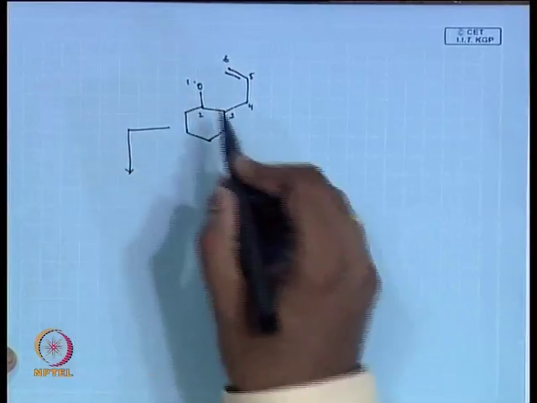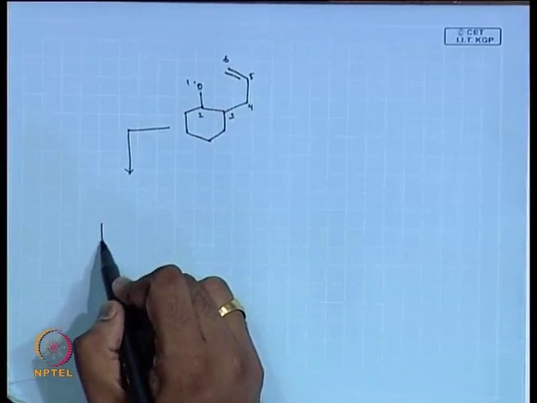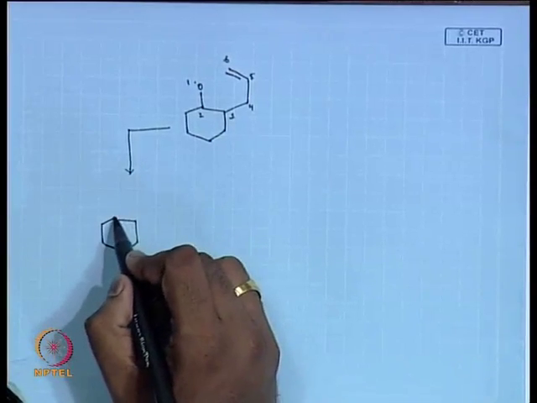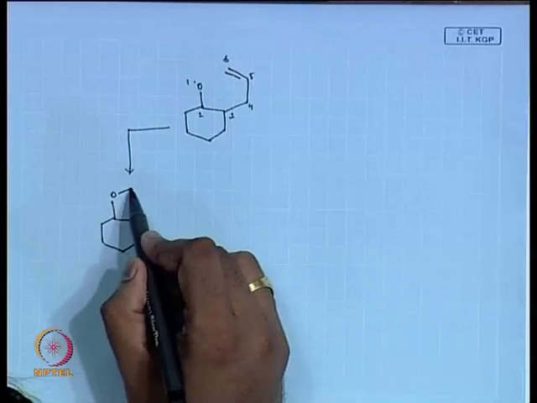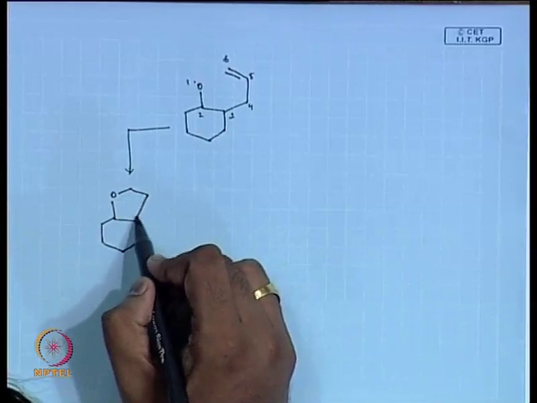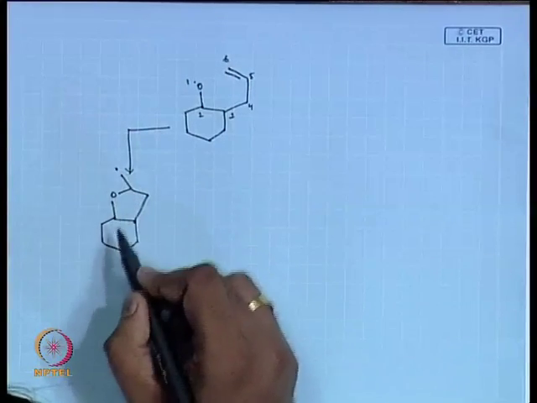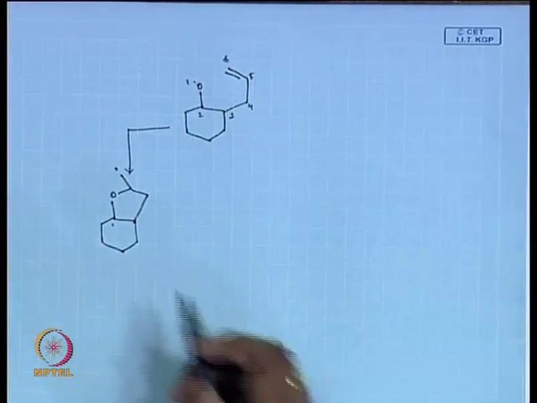If it is C5, I get a 5-member ring with a radical. You can get this product.